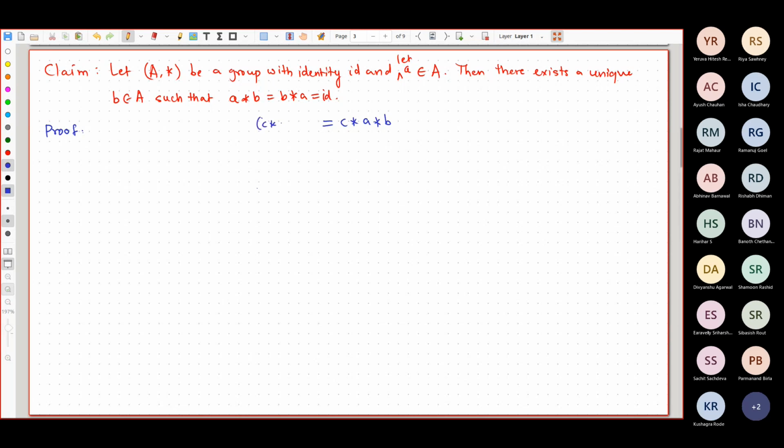So I can say this is equal to (C star A) star B, and this is also equal to C star (A star B). So these two are equal by associativity.